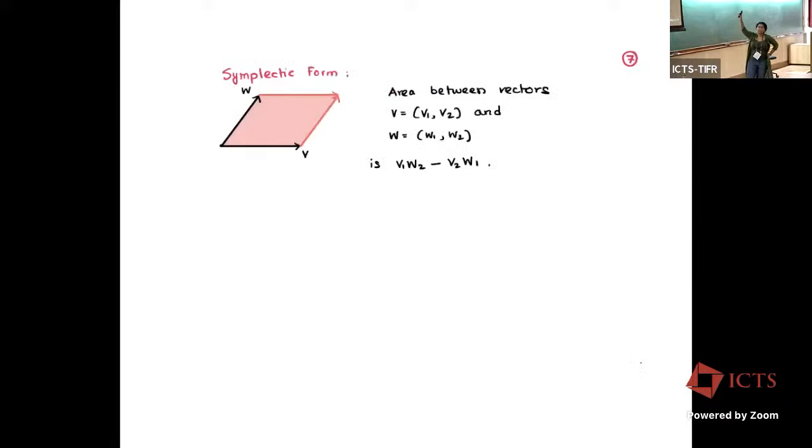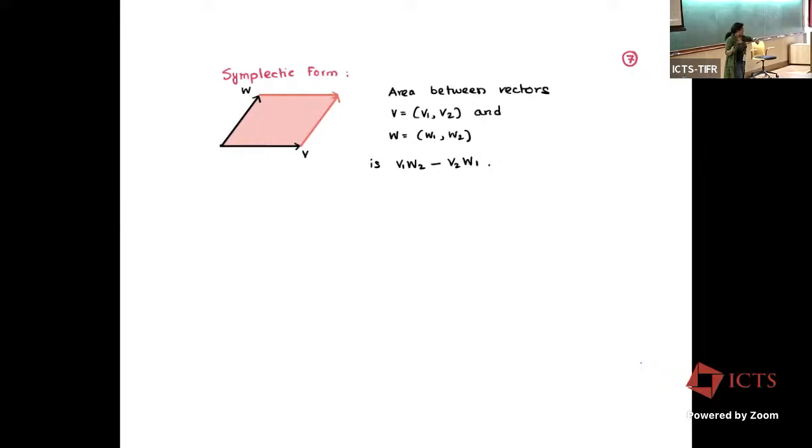So there's this thing called a symplectic form. What is it? It's actually just calculating the area between two vectors. If you have two vectors, v1, v2 and w1, w2 on R2, then the area of that shaded parallelogram is v1 w2 minus v2 w1.